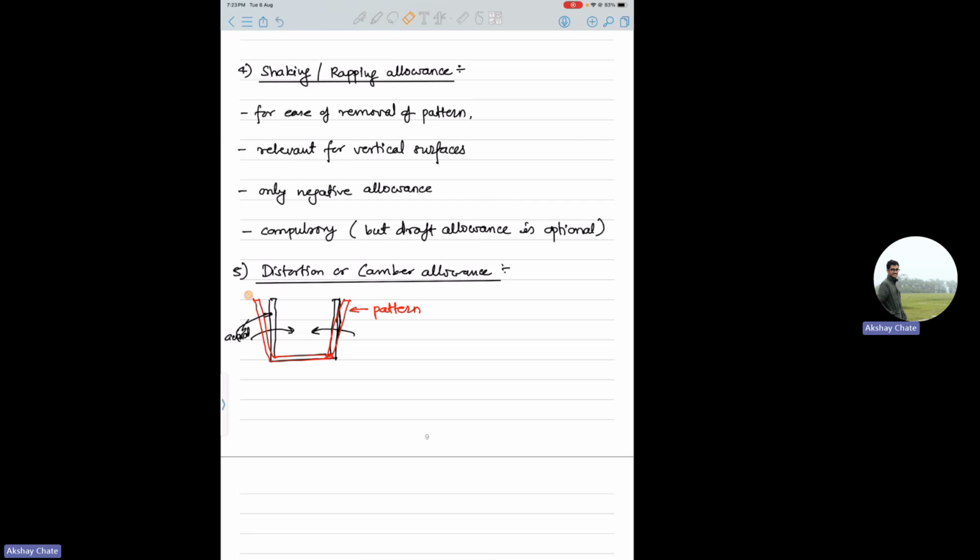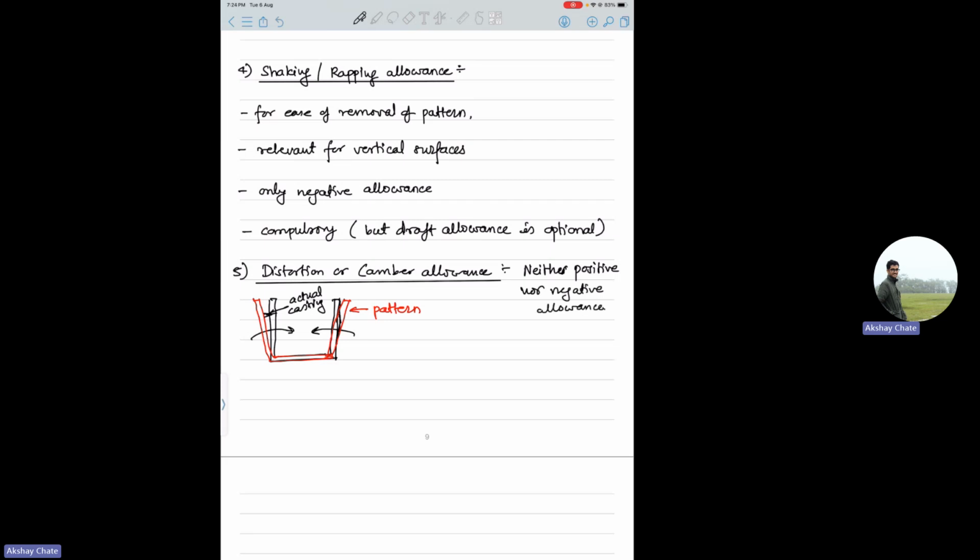Maybe I should not show it here. One second, I'll show it here. Yeah, this is your actual casting. Okay, so you get the idea, right? Whenever you have these kinds of structures where you have a limb or higher mass at the top, you give this distortion or camber allowance, and this is neither positive nor negative allowance.